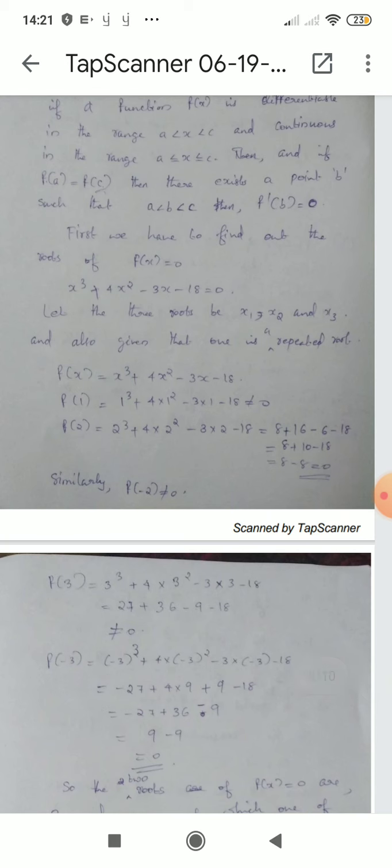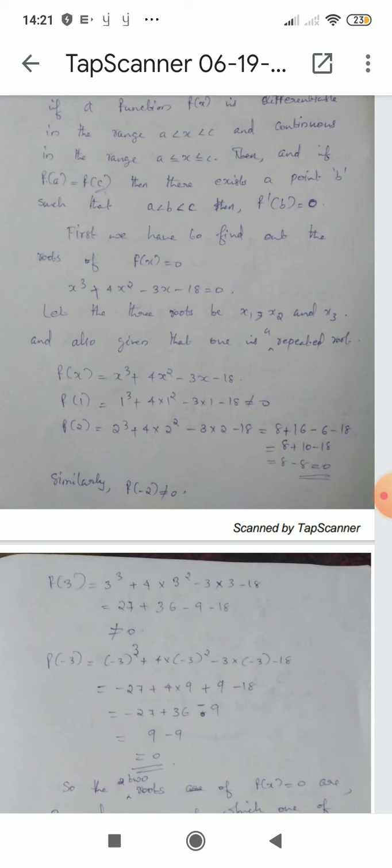Or when we substitute x in f of x, the equation is satisfied, or the left hand side is equal to the right hand side. Okay, this is the definition of root.